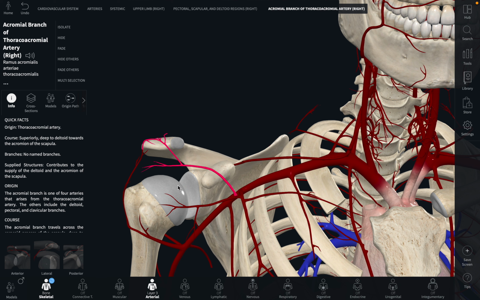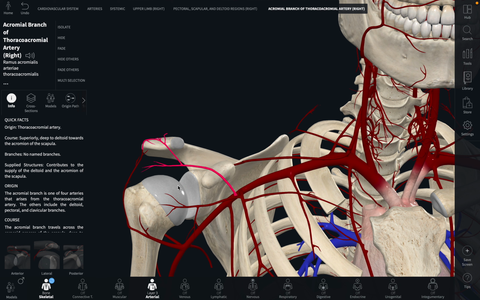There's the clavicular branch, there's the acromial branch, there's the deltoid branch, and there's the pectoral branch. So if you are talking about the arterial supply of the pectoralis major or minor, you tell them the pectoralis major or minor is supplied by the pectoral branch of the thoracoacromial. Remember that the thoracoacromial has four branches. Cadavers are dead people: clavicular branch, acromial branch, deltoid branch, and the pectoral branch.